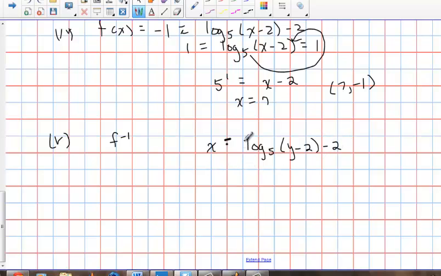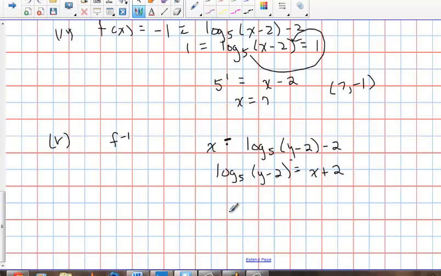We want to isolate y, so I'm going to add 2 to both sides, and we have x plus 2.